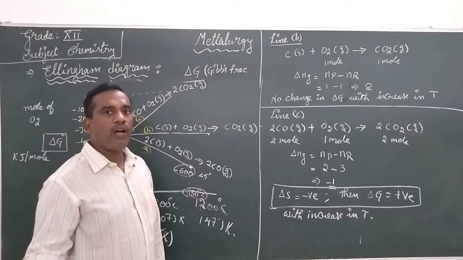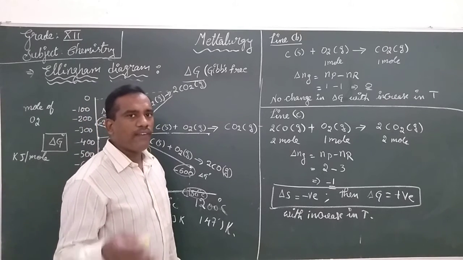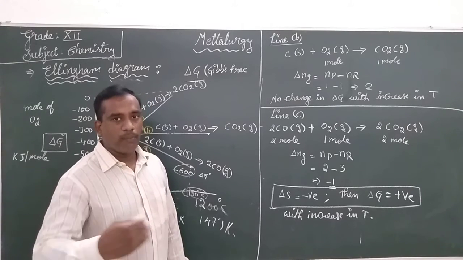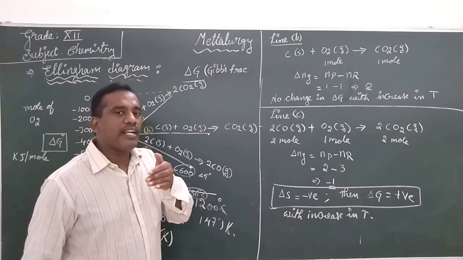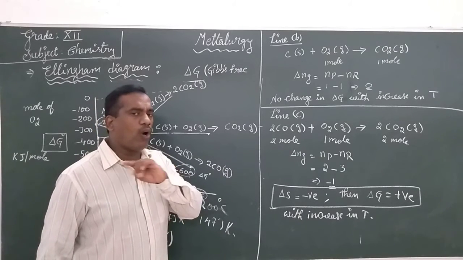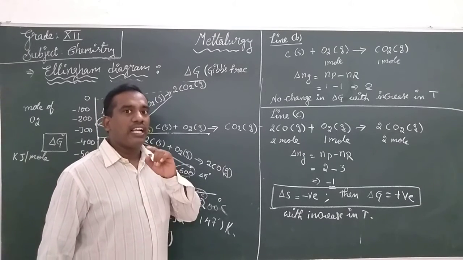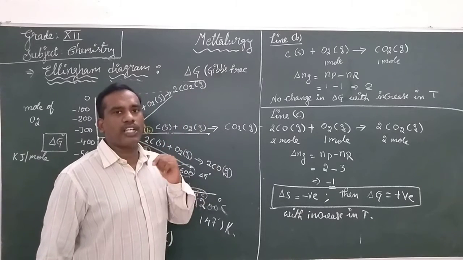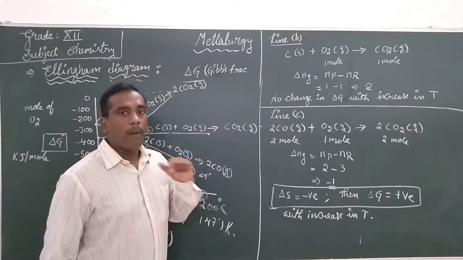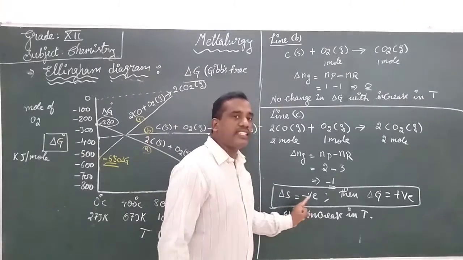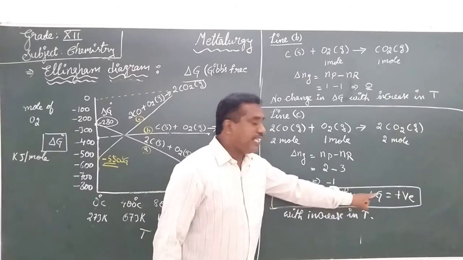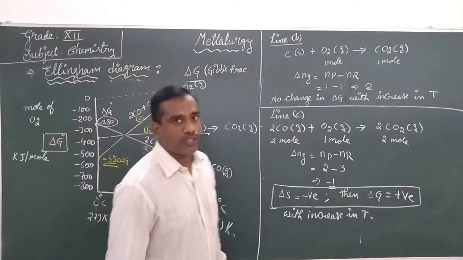So, when the number of moles of the gaseous substances is decreasing, becoming minus, entropy will become negative. What we learned in the previous case? When entropy becomes positive, then delta G will become negative. But here, when entropy is becoming negative, then delta G will become positive.